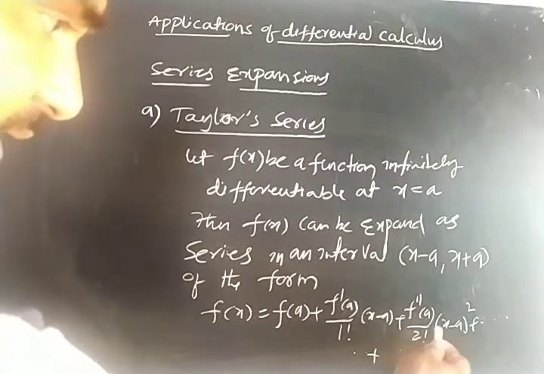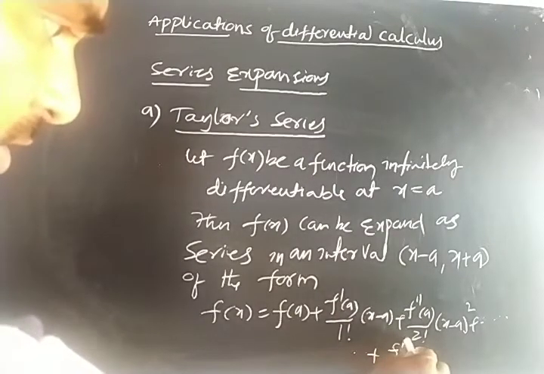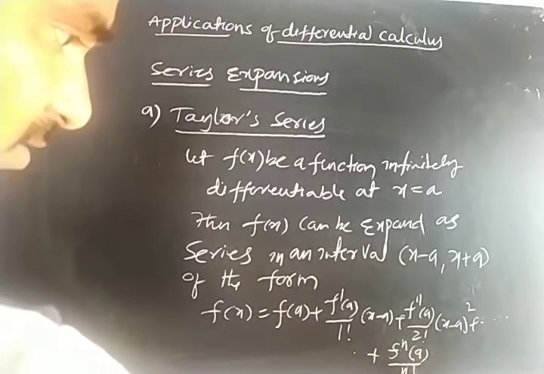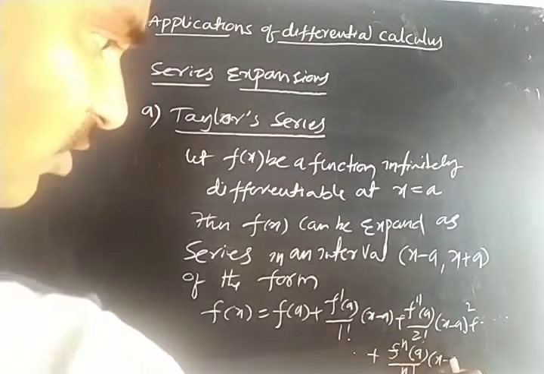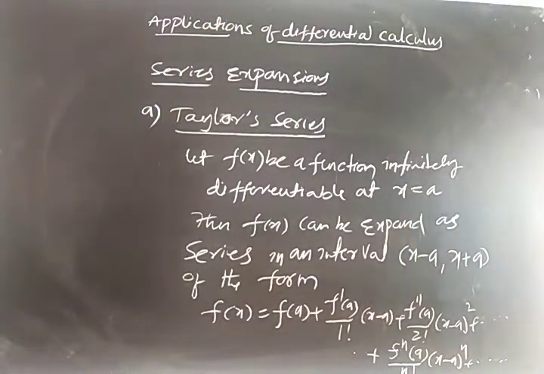So I am writing the nth term also, f power n of a by n factorial into x minus a whole power n, plus so on. Okay, this is the expansion of Taylor series.